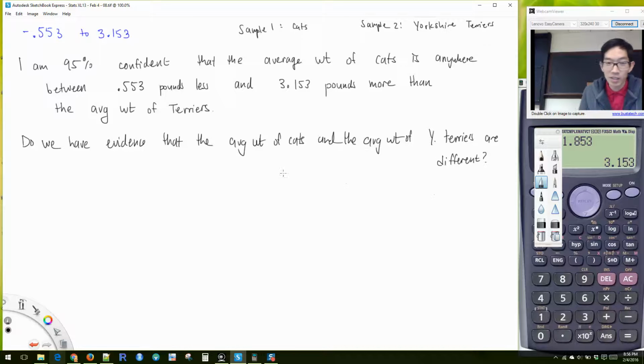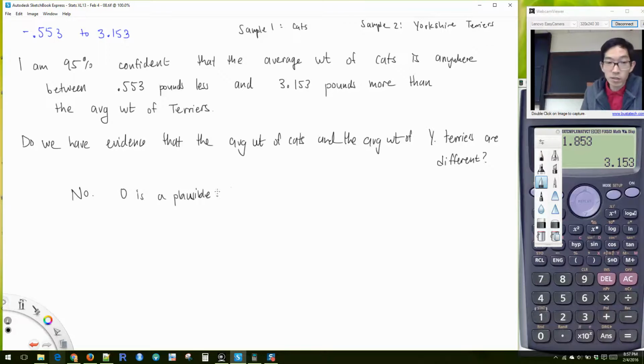So the answer is no. The answer is no because 0 is a plausible value in our interval. It's negative 0.553, so it can be anywhere from 0.553 pounds less to 3.153 pounds more.